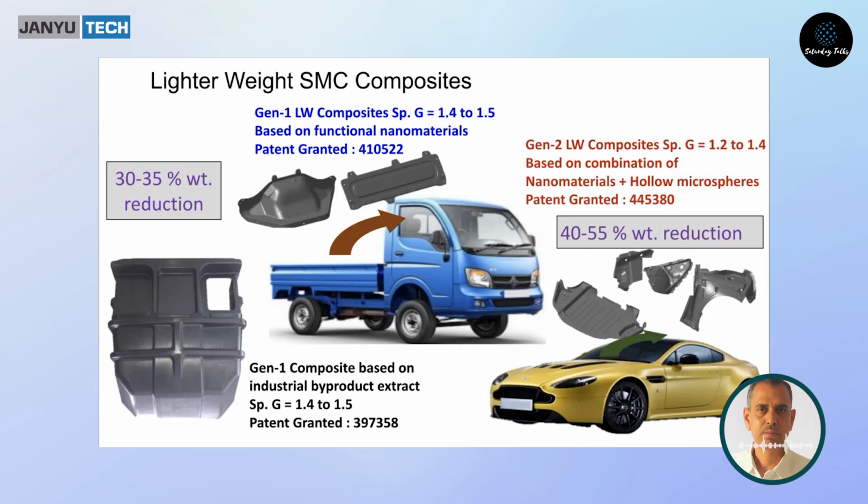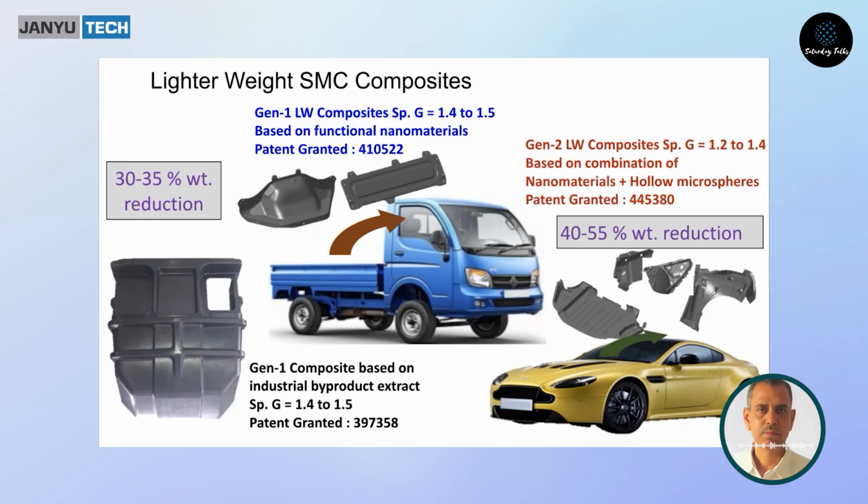So power industries, steel industries, all those things, they produce a lot of fly ash. So from there is a product called Cenosphere. So we have been able to use that product and totally eliminated a most expensive material, that's a functional nanomaterial.